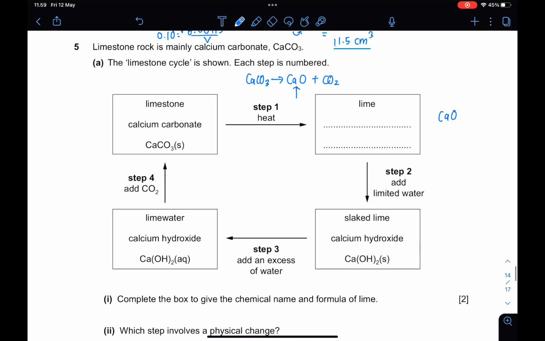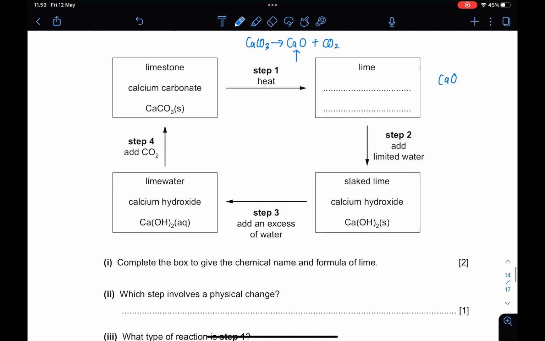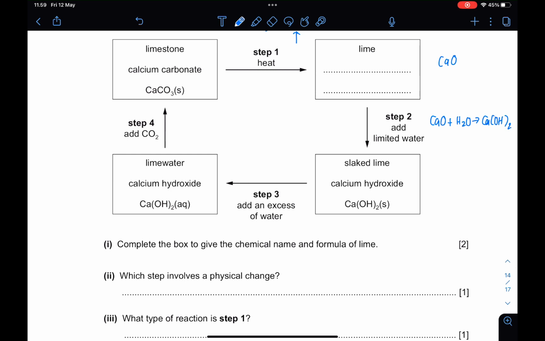CaCO3, but we don't know what they're asking yet, so let's keep it at the side first. CaO, that's lime. And then step 2, you add limited water and you will get calcium hydroxide. When you have calcium oxide plus water, you get calcium hydroxide.